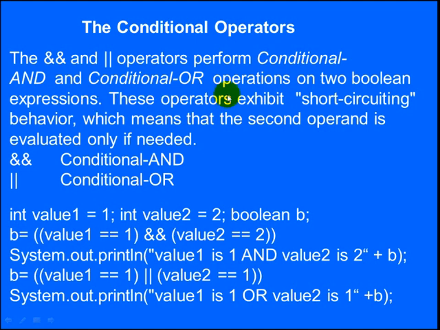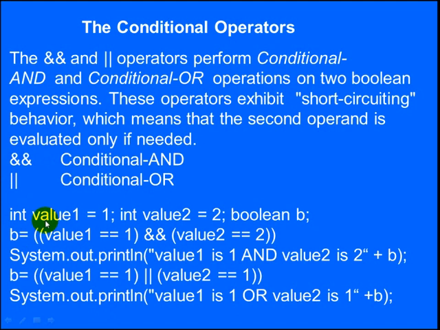These operators exhibit short-circuiting behavior, which means that the second operand is evaluated only if needed. The symbol we use is two ampersand symbols for conditional AND and two pipe symbols for conditional OR. We have taken an example here.